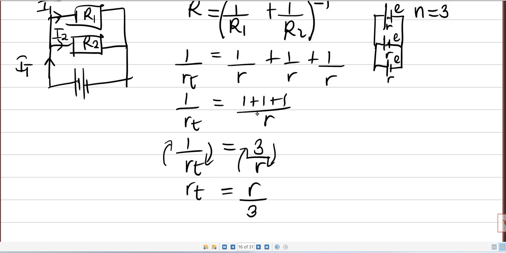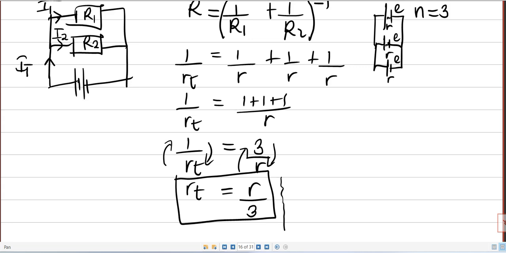It can be simplified quickly. If you look at the last formula here, you will notice that to find my r total, I divide the internal resistance by the number of cells I have. I had 3 cells, thus I've divided by 3. The manipulation technically proved it for us.